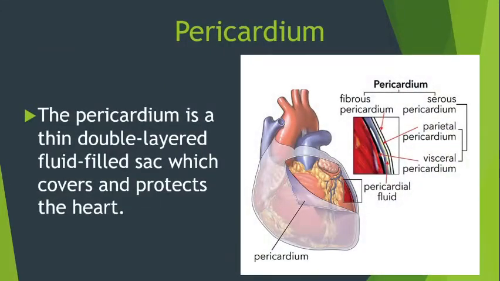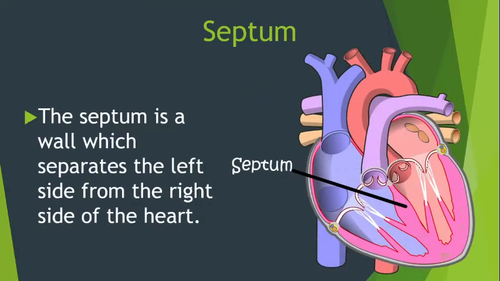Pericardium. The pericardium is a thin double-layered fluid-filled sac which covers and protects the heart. Septum. The septum is a wall which separates the left side from the right side of the heart.